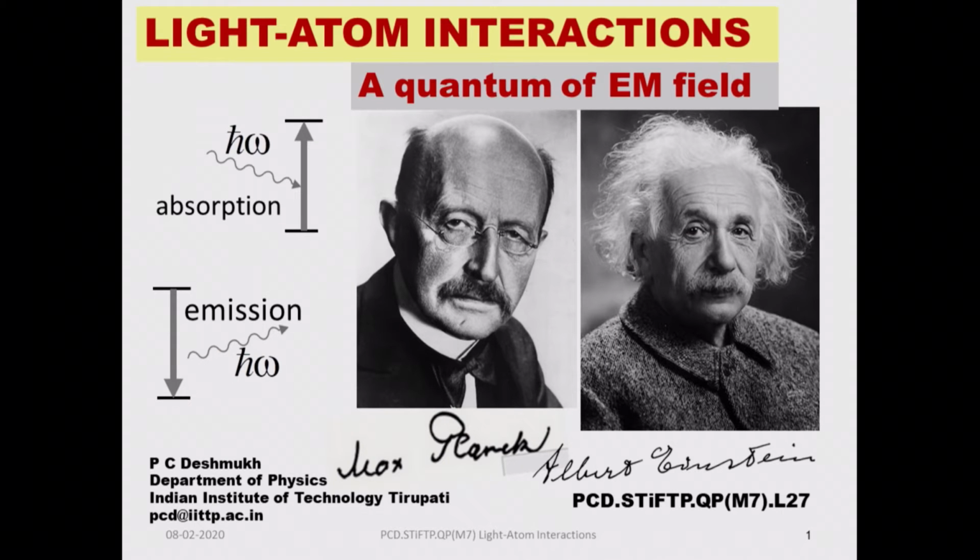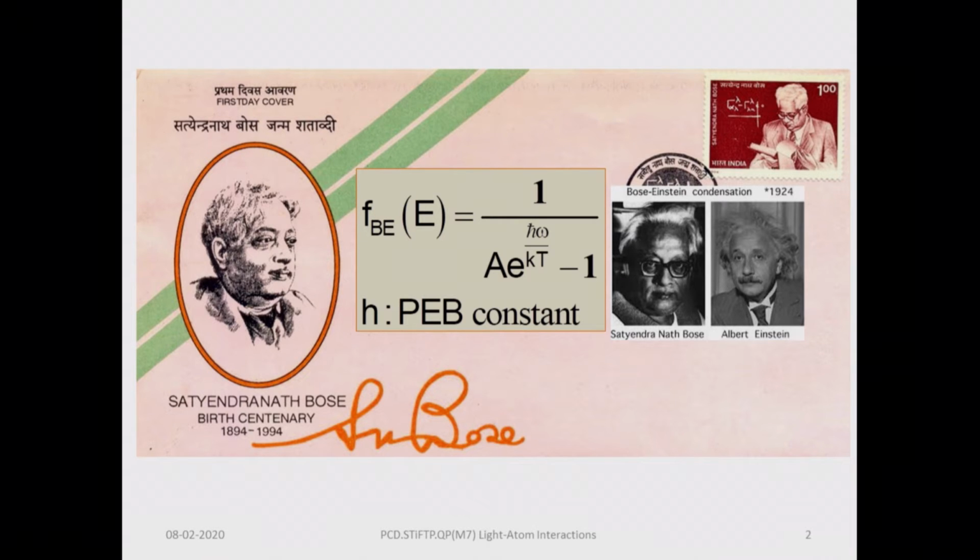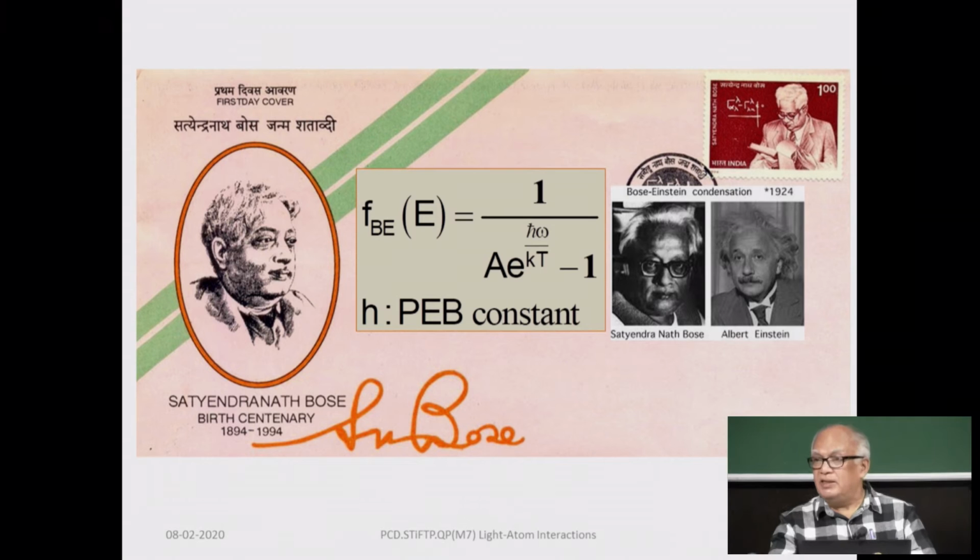But then of course it is the statistical distribution law which was correctly formulated by Satyendranath Bose, which firmly established the statistical distribution which we now recognize as the Bose-Einstein statistical distribution, and particles whose occupation distribution is governed by this are known as bosons.